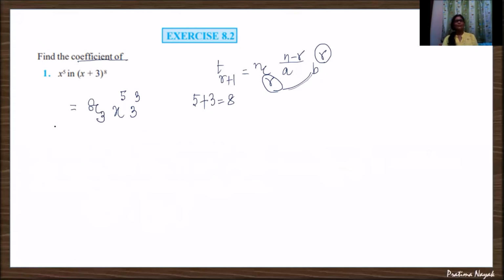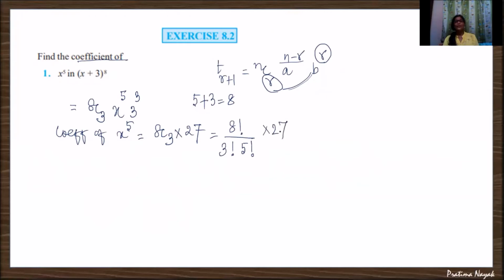Now when we want the coefficient of x to the 5, we have to write what is left with x to the 5. So the coefficient of x to the power 5 is equal to 8C3 into 3 to the power 3, that will be 27. Now find the combination: 8 factorial by 3 factorial into (8 minus 3) factorial, that will be 5 factorial.